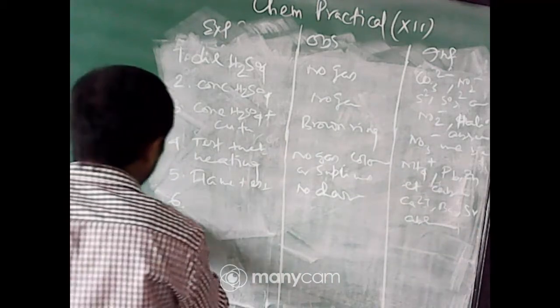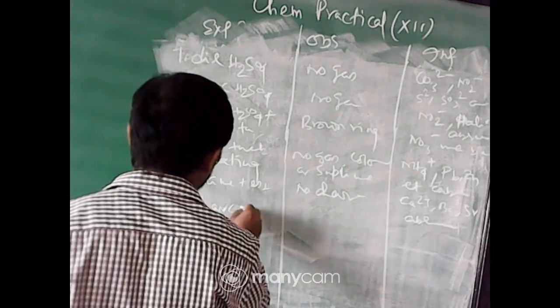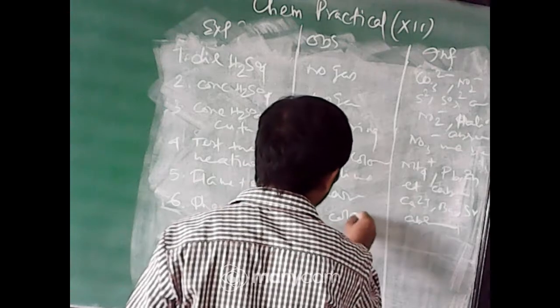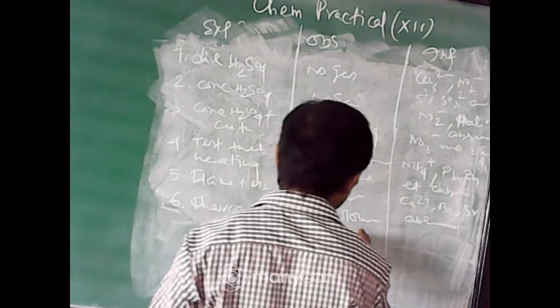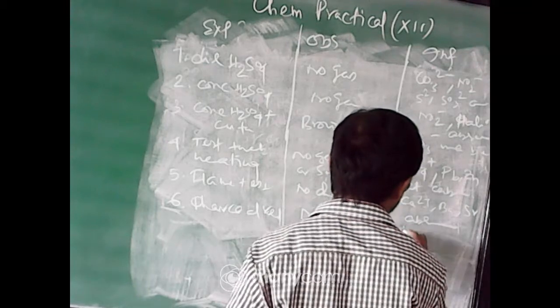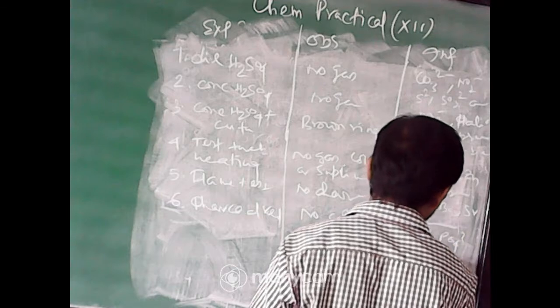Number 6 is the charcoal reduction test, no colored residue. With no colored residue in the charcoal reduction test, aluminium phosphate is absent.